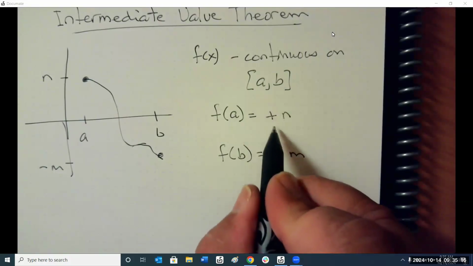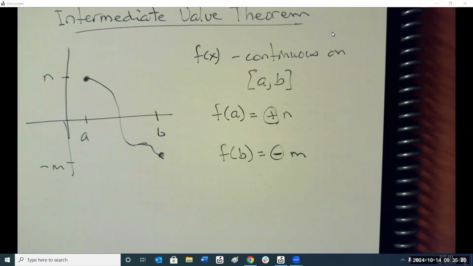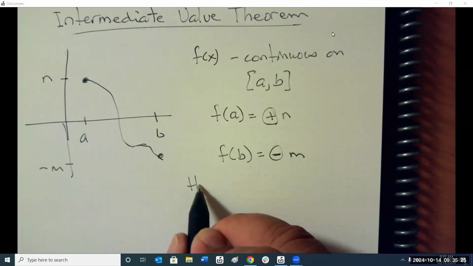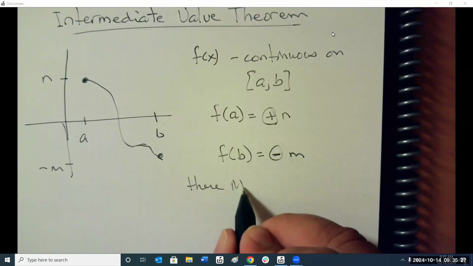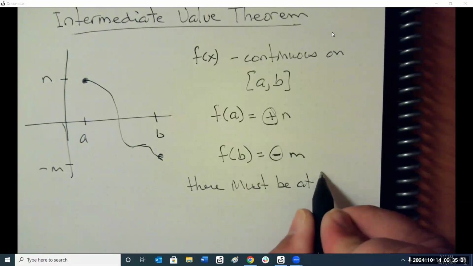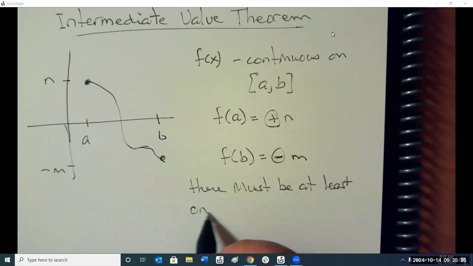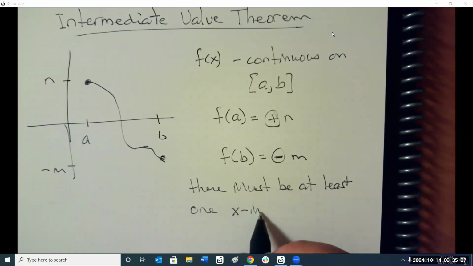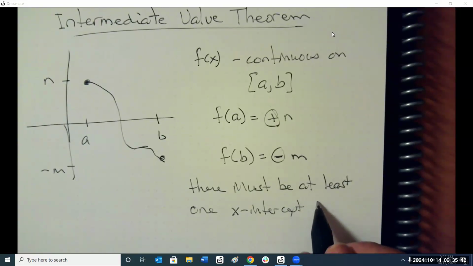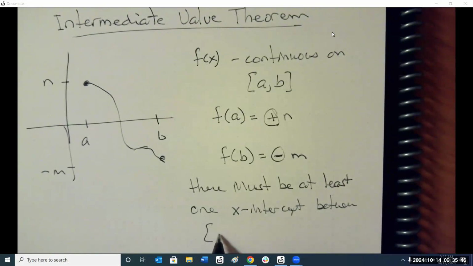Because we took the endpoints, and they have opposite signs, there must be at least one x-intercept in that domain.